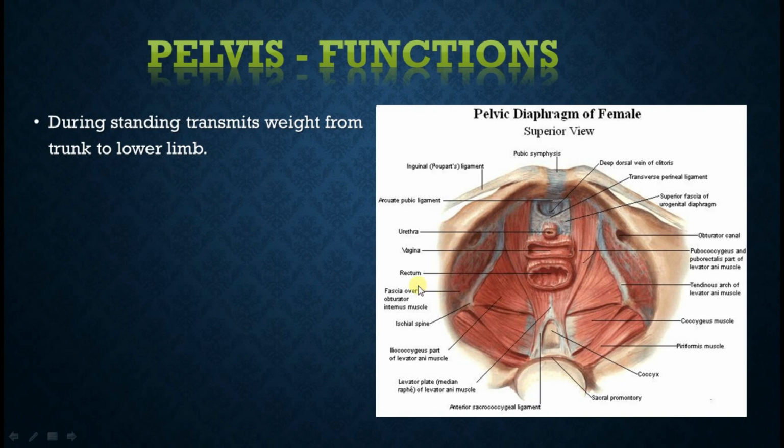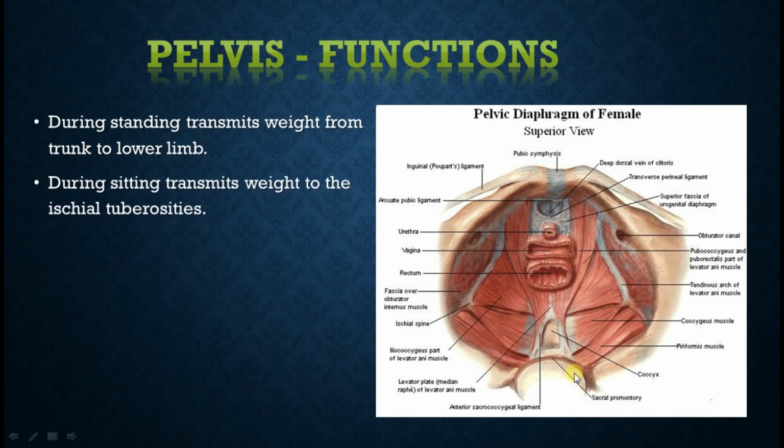Not only during standing, but definitely even during sitting. Again, from the sacrum it is transmitted to the hip bone, and the ischial tuberosity, the part of the hip bones which rests on the surface when we are sitting. So the weight is transmitted from the bony pelvis to the ischial tuberosities.